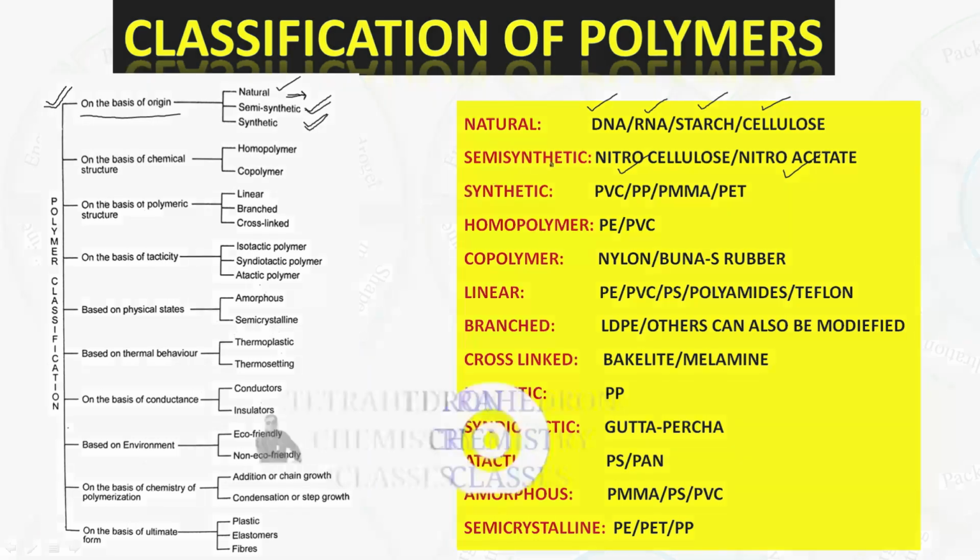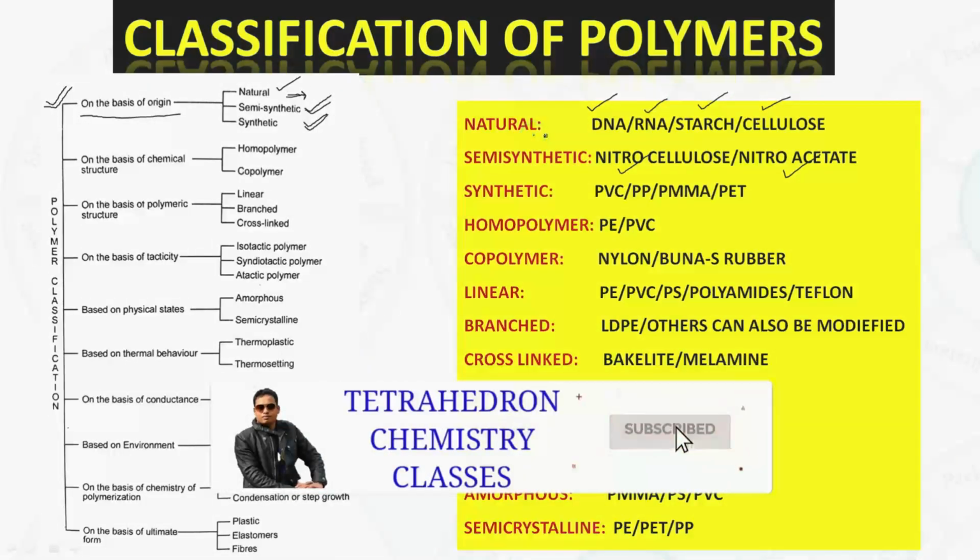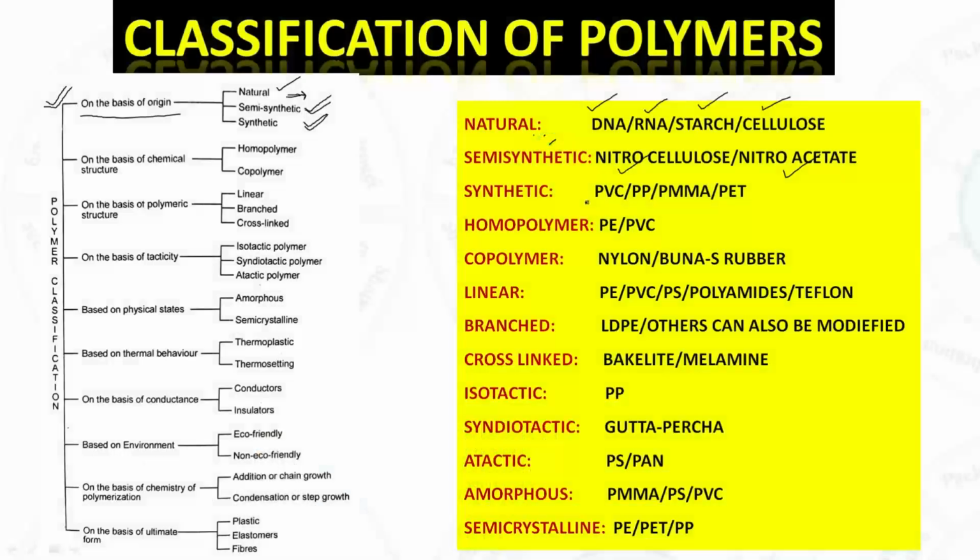Please remember this thing. So your PVC, where PVC means polyvinyl chloride, right? It is a synthetic polymer, like PP, polypropylene, PMMA, polymethyl methacrylate, PET, polyethylene terephthalate. They all are synthetic polymers. So this classification, natural, semi-synthetic and synthetic, is based on the origin of the polymer.